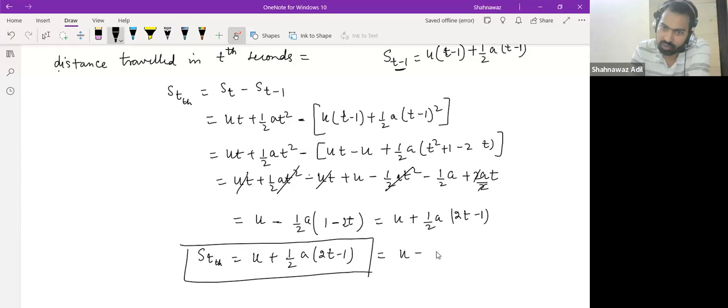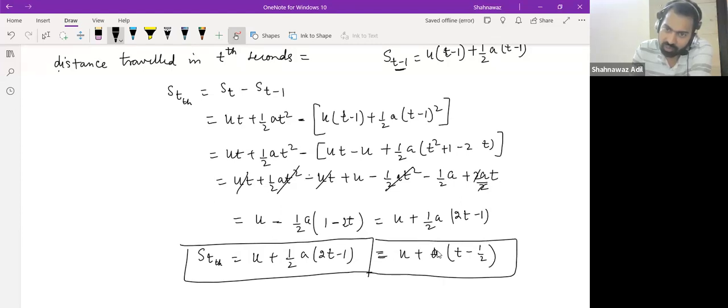So u plus a (t minus half). Whichever way you seem that it is easy to remember, so t minus half.